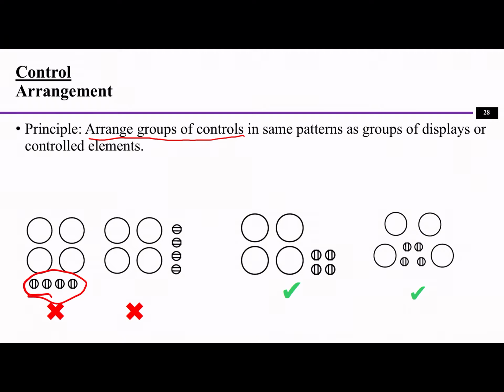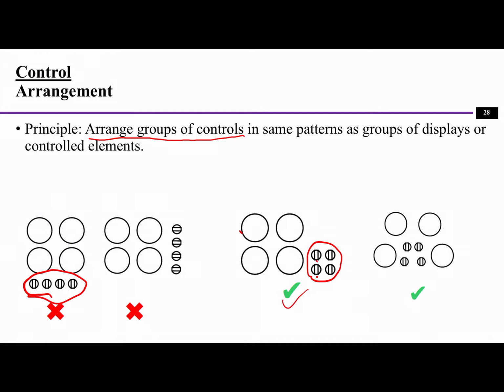And I assume in your life, you also had some confusions or mistakes. But if you design the controls with the same arrangement as the stove, then you can easily tell which control controls which stove burner, right?